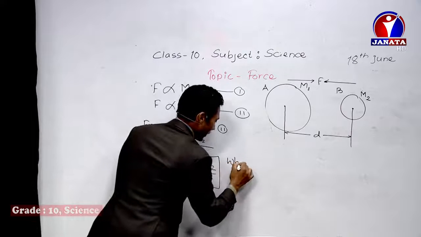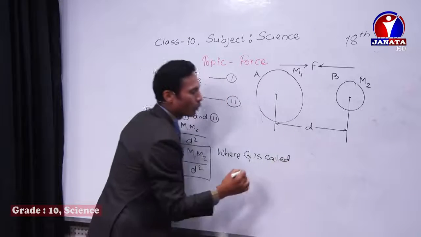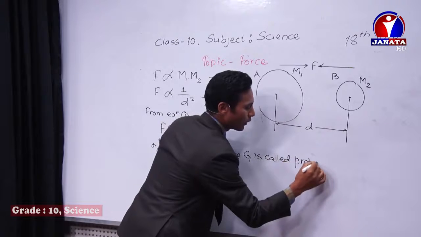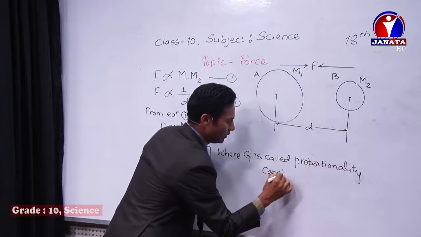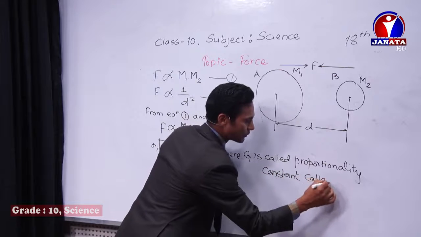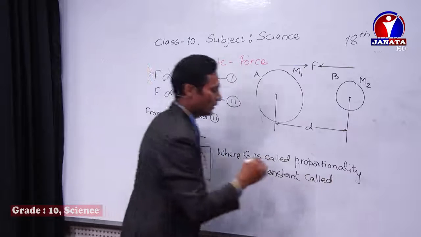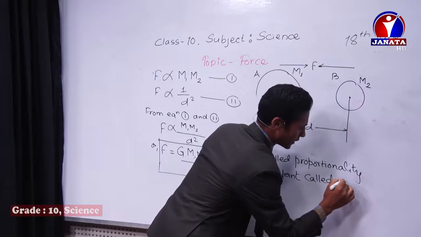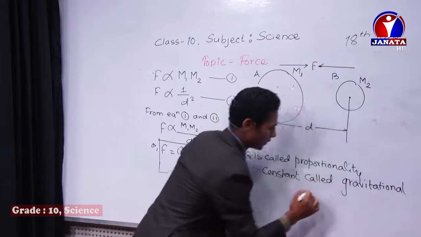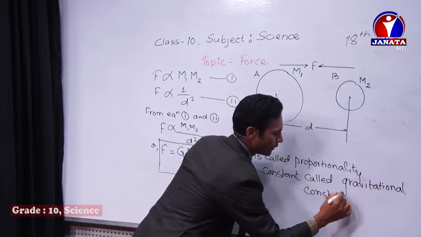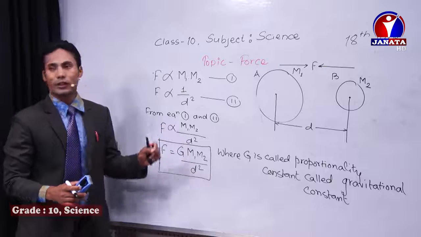Where G is called the proportionality constant, called the gravitational constant. So this one is the mathematical form for the universal gravitational law.